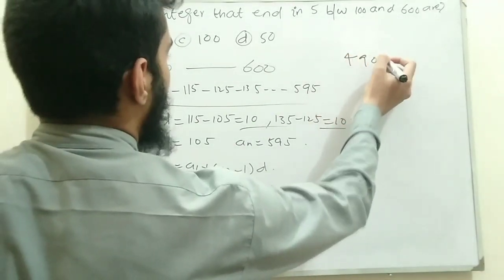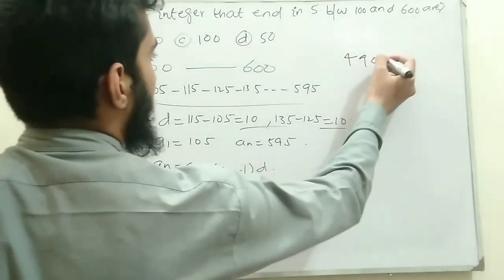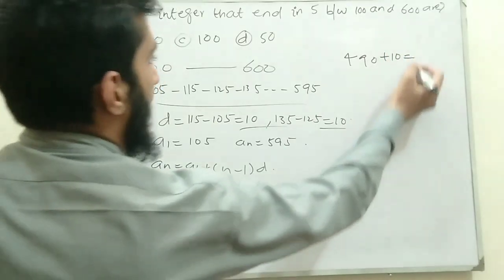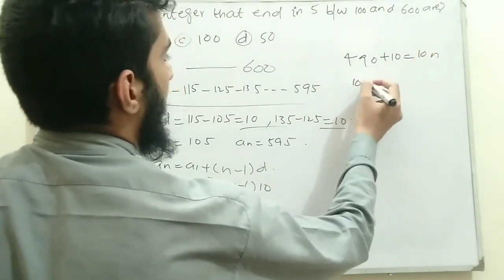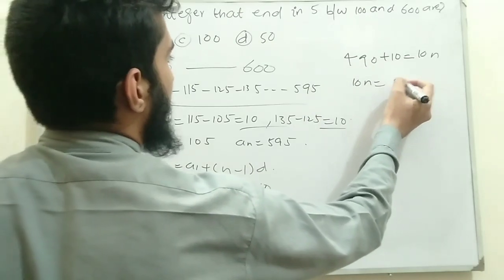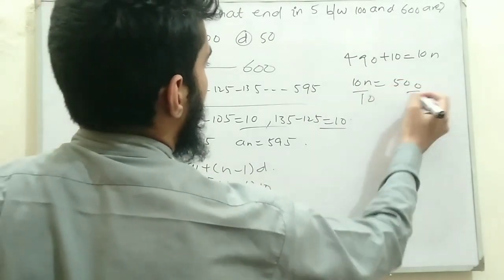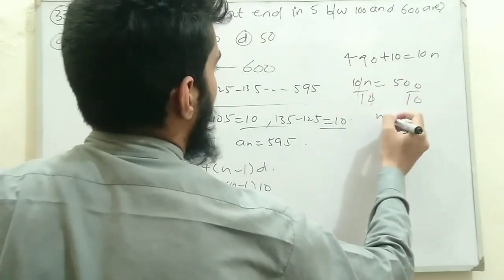Shift minus 10 to the left hand side and it becomes plus 10, so 10n is equal to 490 plus 10, which gives us 500. Divide both sides by 10, so it gives us the value of n is equal to 50.